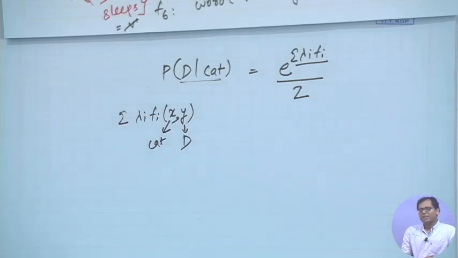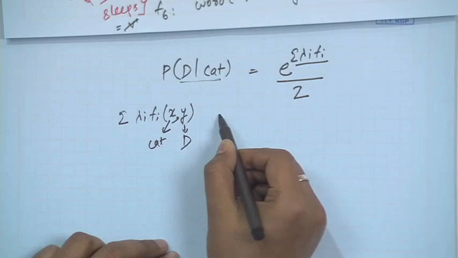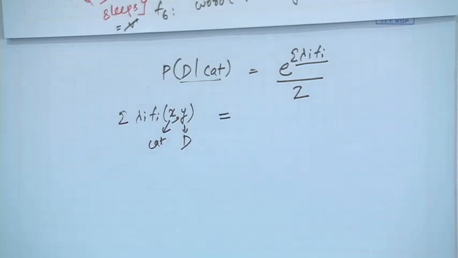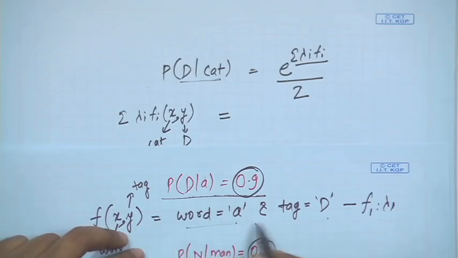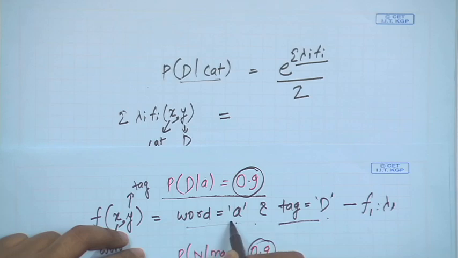So now f(x,y), so each of the 6 features are binary features. So they will take either 1 or 0, and lambdas are just given to me, and their values are not given. So I can just take lambda 1, lambda 2 and so on. So now what will be this value? Okay. So let me take the first feature. So first feature is here word is A and tag is D. In this case my word is cat.